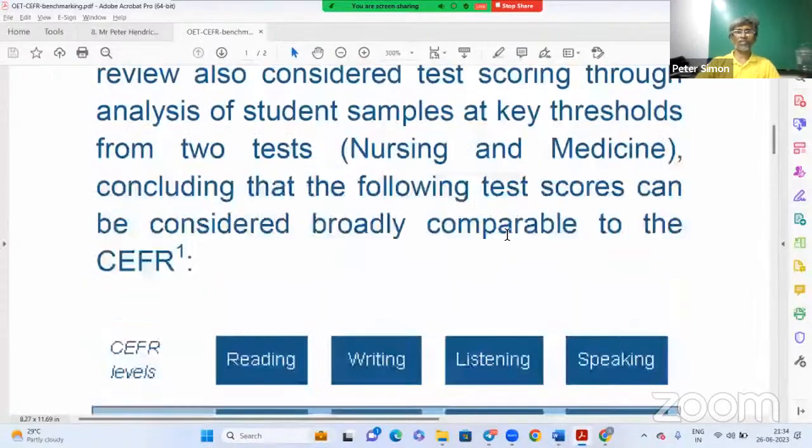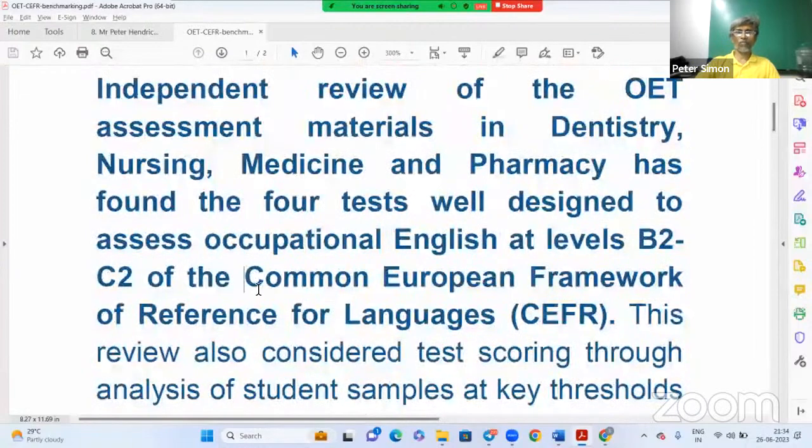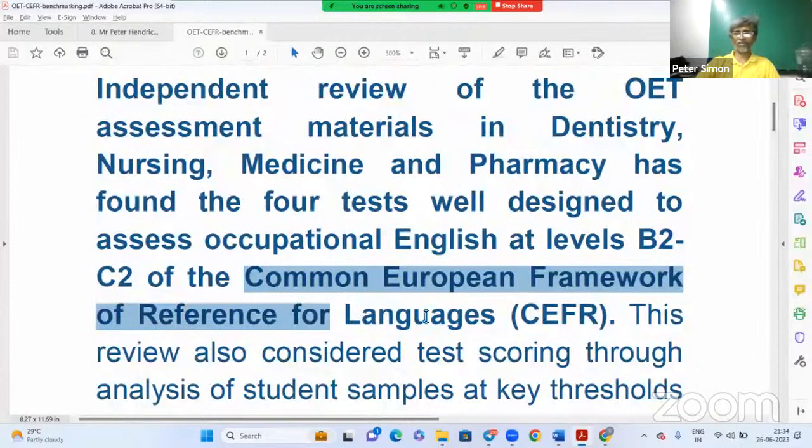Now, what are the CEFR levels? CEFR means Common European Framework of Reference for Languages. Okay, this is for the Occupational English Test. That's very, very important. We call this CEFR levels. So focus on this one. Go through this.